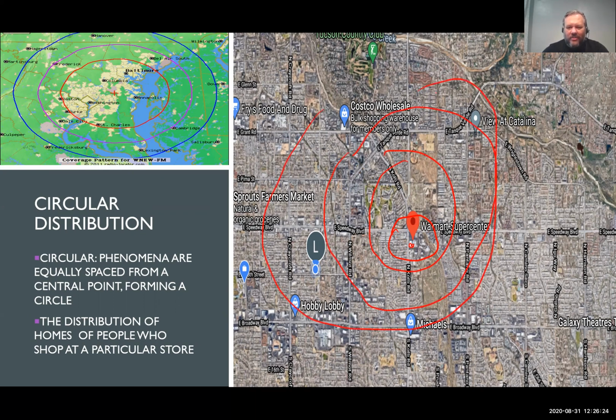Let me draw one a little bit better. So if you're this Walmart, where are your customers distributed? Because if it's somebody way up here, there's probably a Walmart closer. Costco, any store would have this. And so that would be a circular distribution.